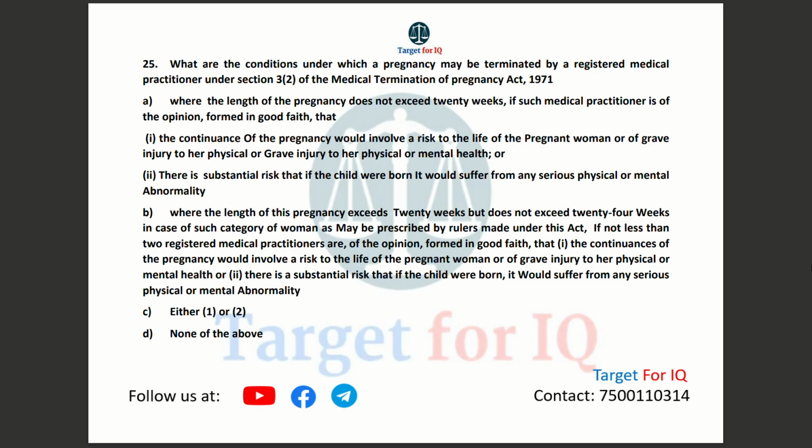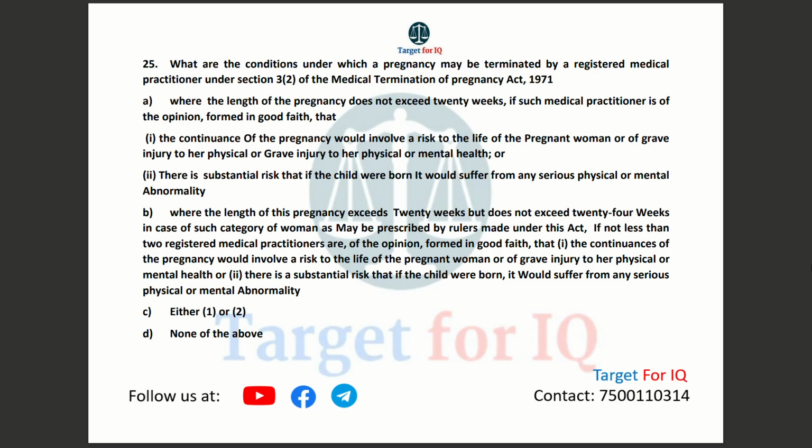Option B, where the length of this pregnancy exceeds 20 weeks but does not exceed 24 weeks, in case of such category of women as may be prescribed by rules made under this act, if not less than 2 registered medical practitioners are of the opinion formed in good faith that the continuance of the pregnancy would involve risk to the life of pregnant woman or of grave injury to physical or mental health, or there is substantial risk that if the child were born, it would suffer from any serious physical or mental abnormality.